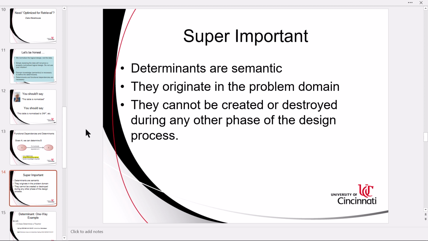We cannot create or destroy determinants and functional dependencies during the design phases. We have to preserve them all the way through. So if you're going through a normalization process and you find yourself creating a dependency, then you're doing it wrong.